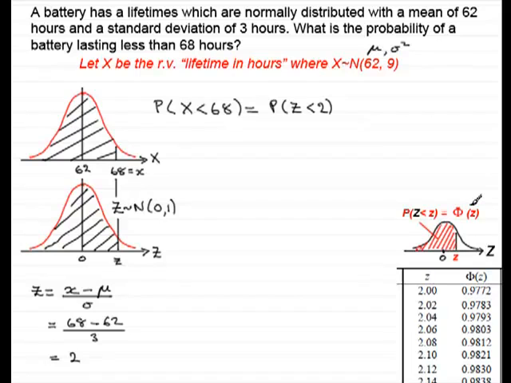So all I need to do is simply look up z is equal to 2 on the tables, and it just so happens that z equals 2 is here at the very top, and phi of 2 would be 0.9772. So I can write this in as being the same as phi of 2, and from tables you can see that that is 0.9772.